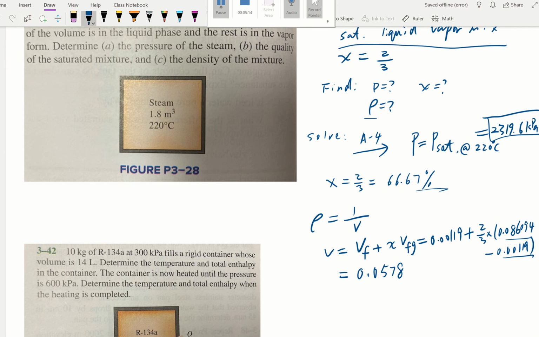The unit of specific volume is meter cube per kilogram. To find our density, it's going to be 1 over v, the reciprocal of that value. That gives us 17.3, flipping to mass per volume for density, kilograms per meter cube. So that's the density of this mixture.